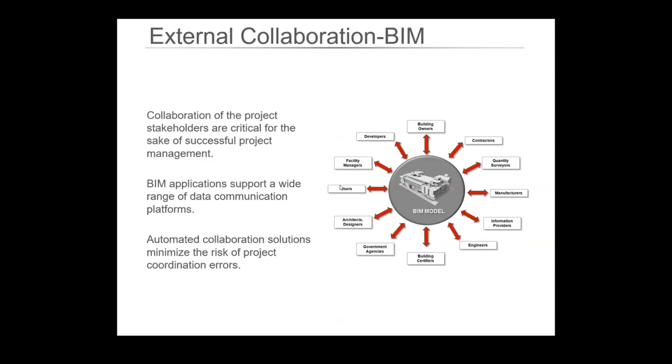So basically with the BIM model that we make, we can share it with lots of other consultants or lots of other stakeholders. So everyone from engineers who then take our model and use it to sort out structural design, other information providers, manufacturers, quantity surveyors, so they can take the costing of the project out of the model.